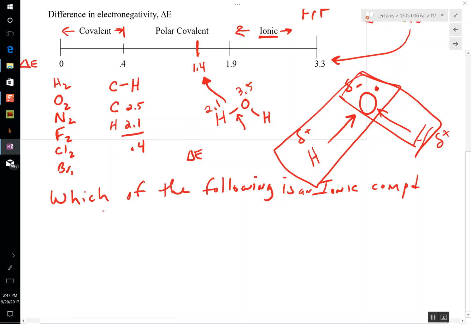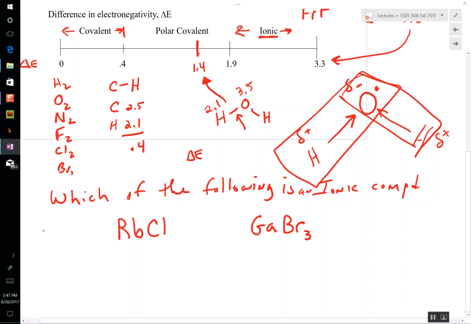So I'm going to give you rubidium chloride versus gallium bromide. Which of these is ionic? How would you answer that question? You know, based on this difference in electronegativity.